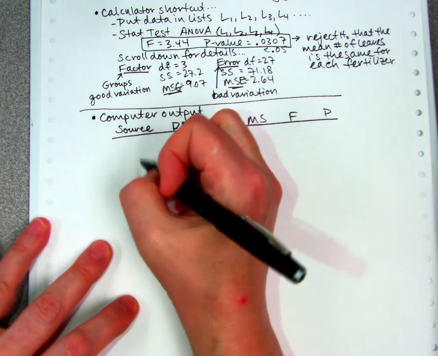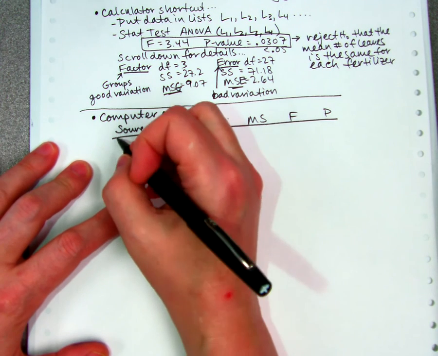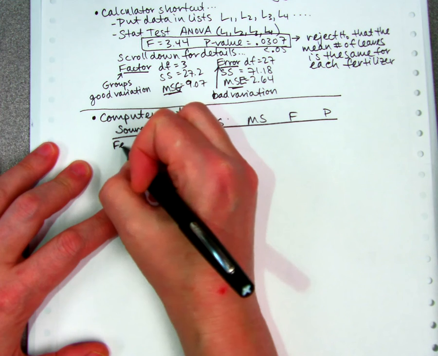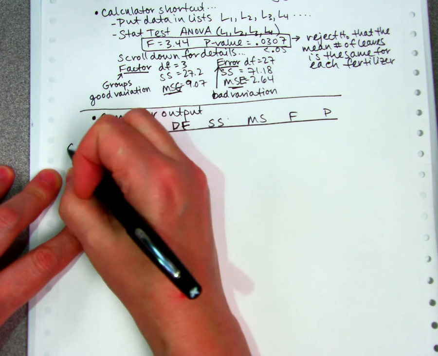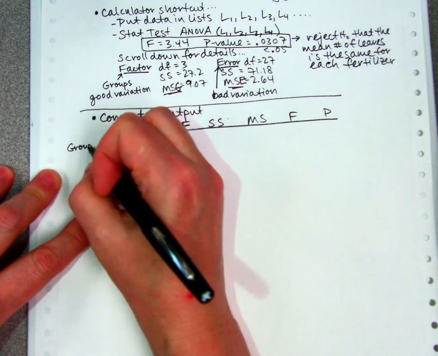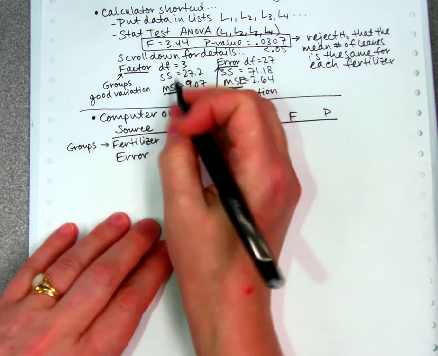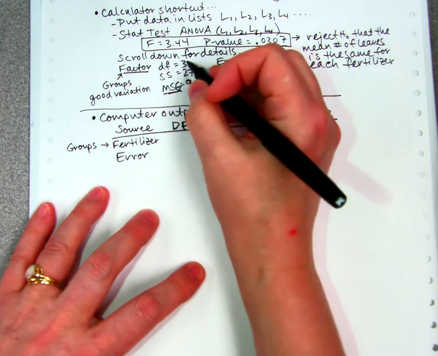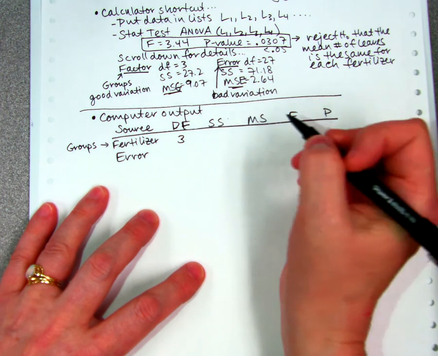So under source, you will always have the name of your predictor variable, which in this case was fertilizer, which is basically telling you what the groups are. The groups are the different fertilizers. And then it will have error. And then it will have these same numbers that the calculator spits out. DF for fertilizers is 3. Remember that was 4 minus 1.